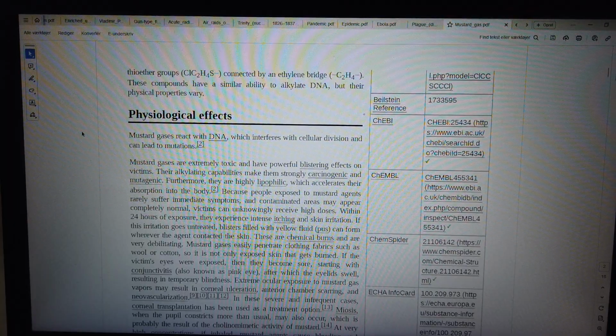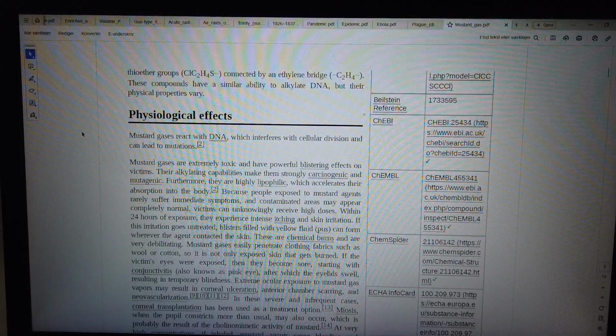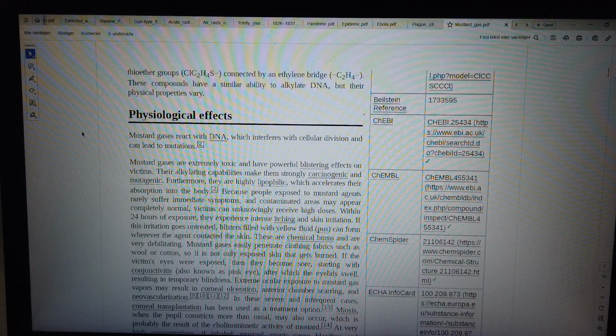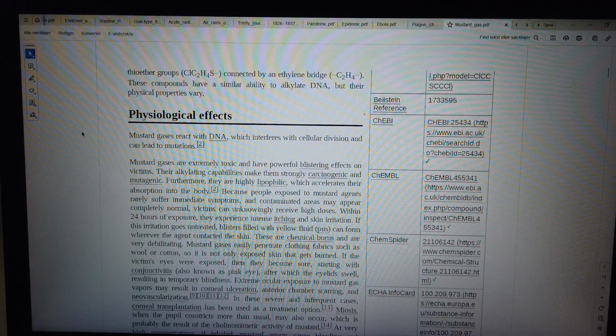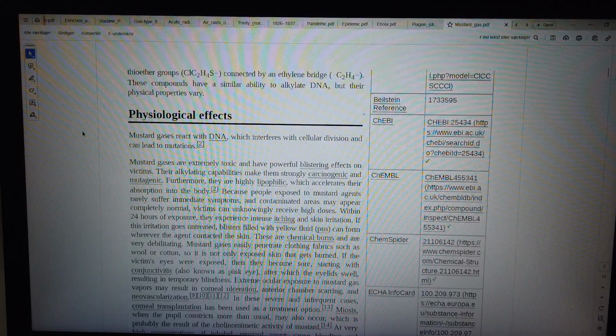Beilstein Reference 1733595. ChEBI 25434. ChemSpider 4555341. ECHA InfoCard 100.209.973.